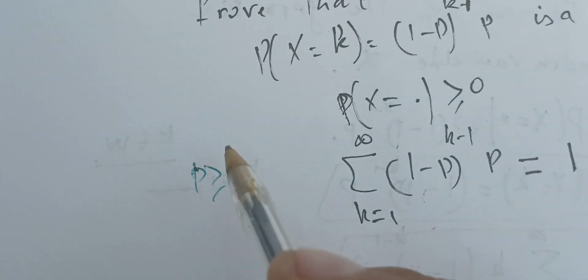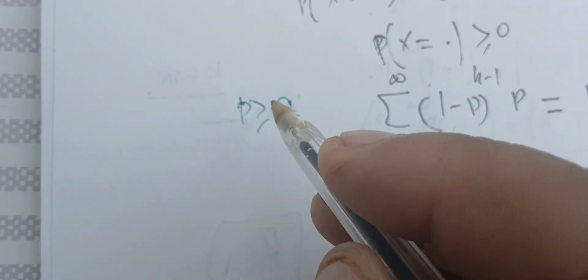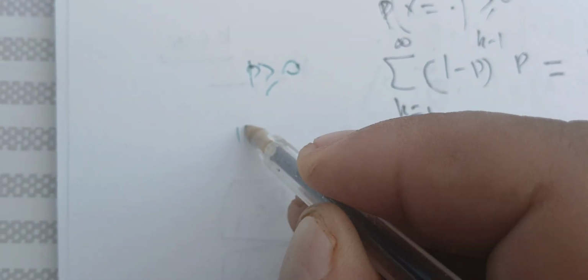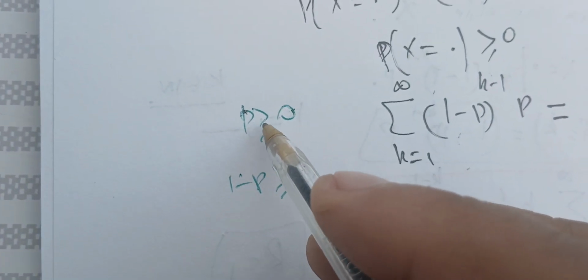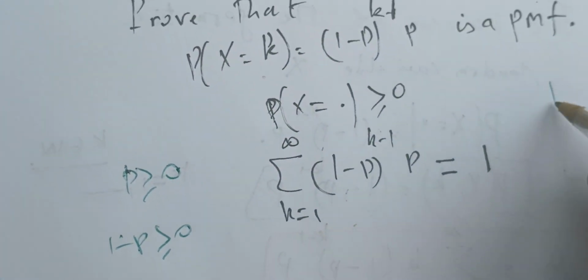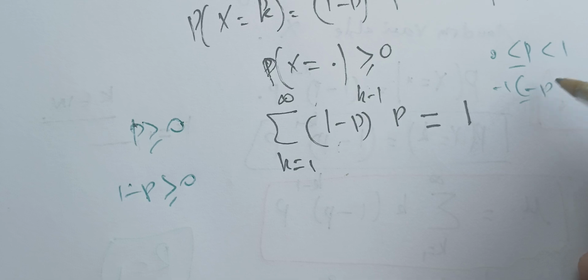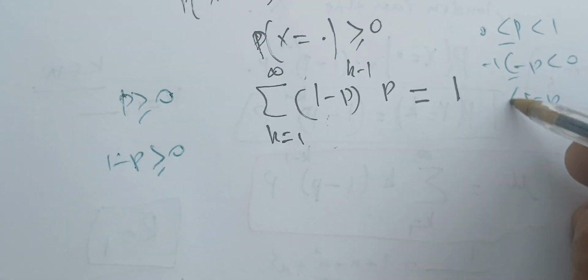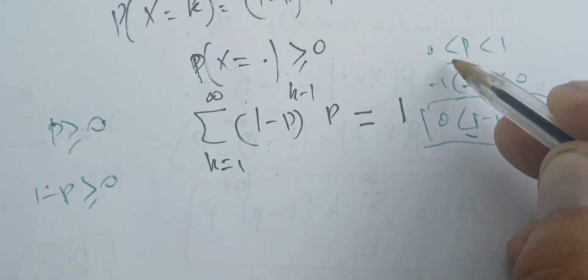So p is bigger or equal than 0. p is between 0 and 1, and therefore 1 minus p is bigger than 0. Let's prove it in fact. So p is between 0 and 1, so minus p is between minus 1 and 0, and 1 minus p, by adding 1 to both sides, is between 1 and 0. So here I proved these two.